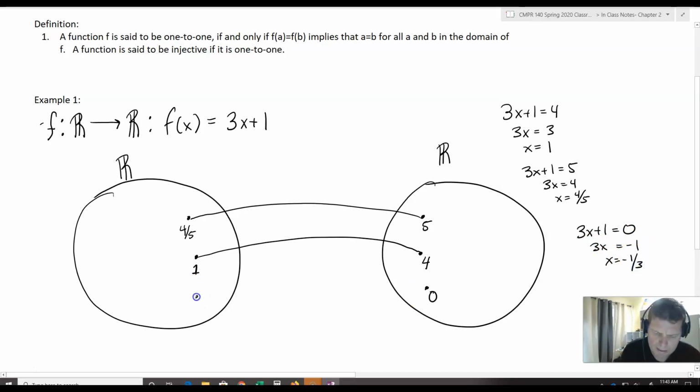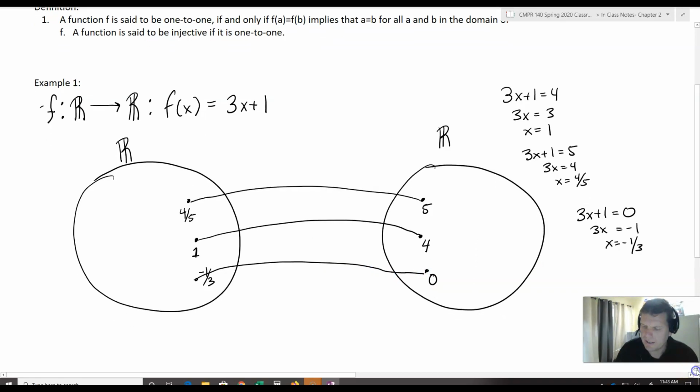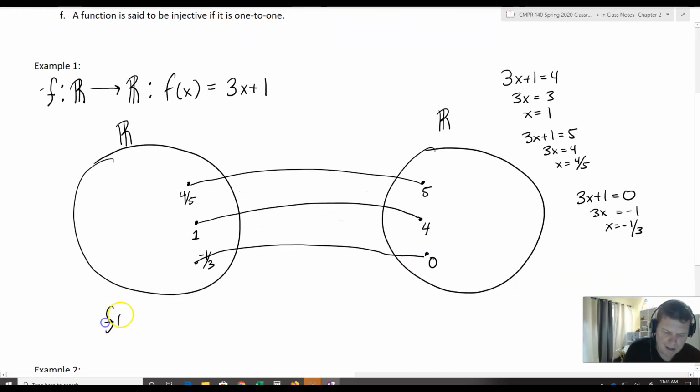And that's the only thing that 0 maps back to. And so consequently, it turns out that this function f of x is one-to-one. Every element in the range maps back to only one element in the domain.